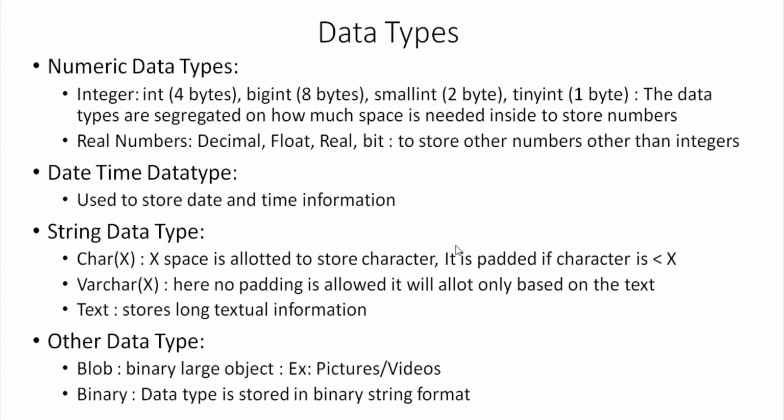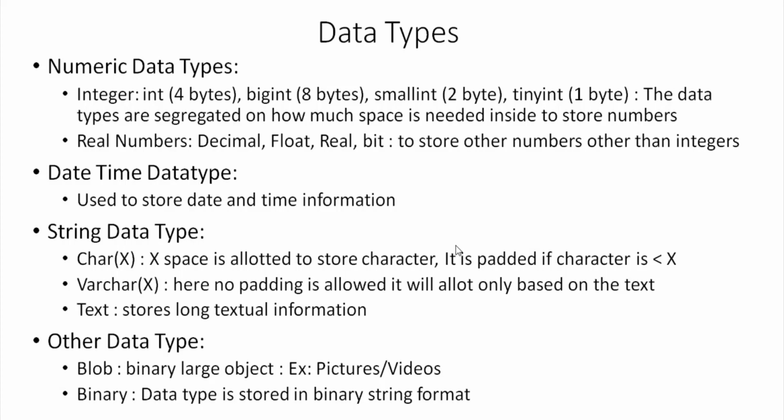For integers, it is based on the number of bytes allocated. But for real or floating point numbers, it is based on the precision. After the decimal point, how much precision we want to have, like 7 digits, 15 digits. These are what differentiate the floating point numeric data types.